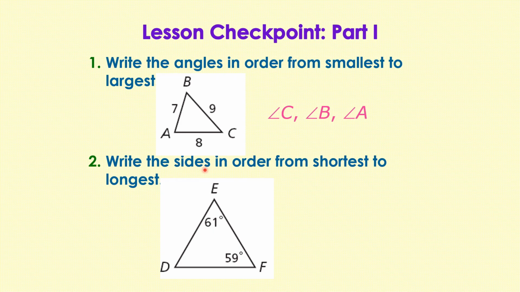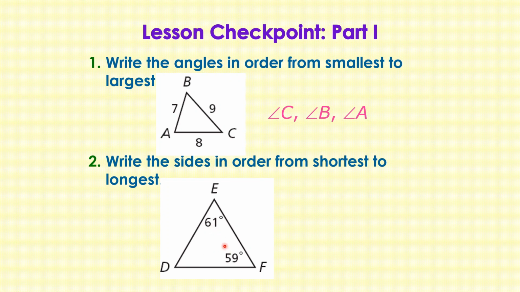Number 2, write the sides in order from shortest to longest. Shortest means you need to choose the angle that is the smallest. But then there's an unknown angle. You need to know all the angles. What do we do?